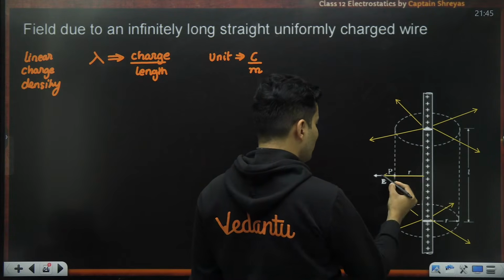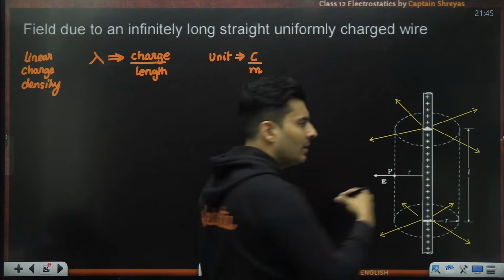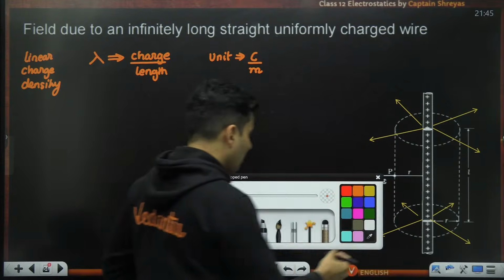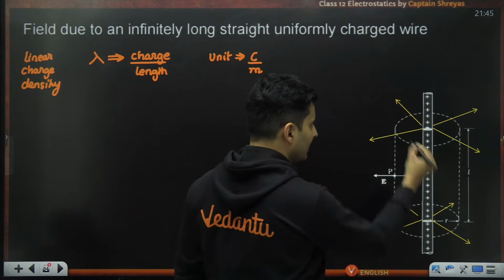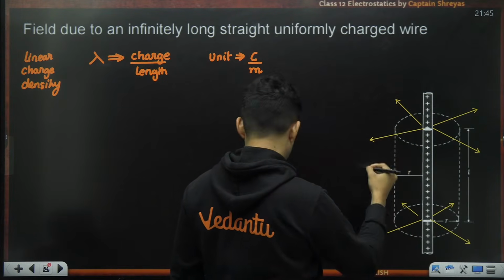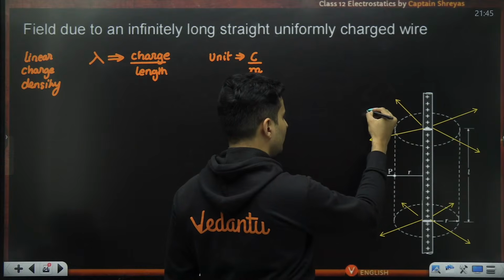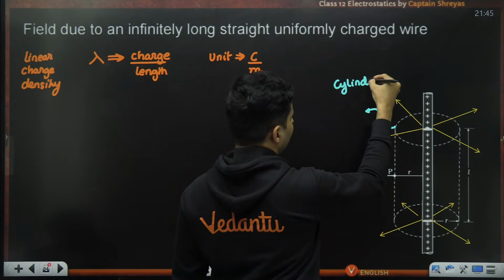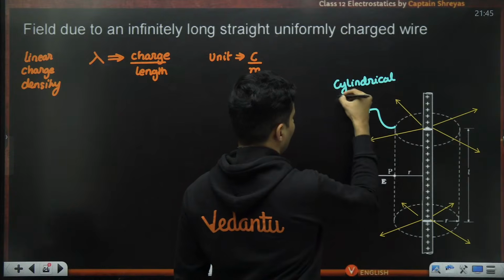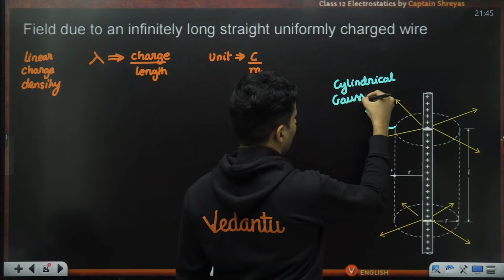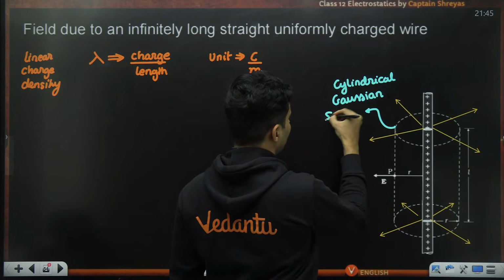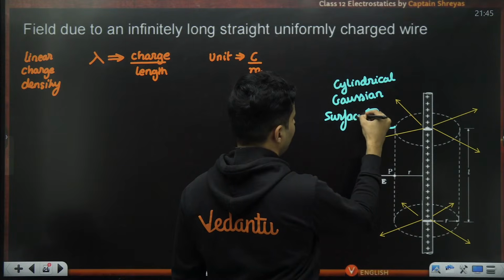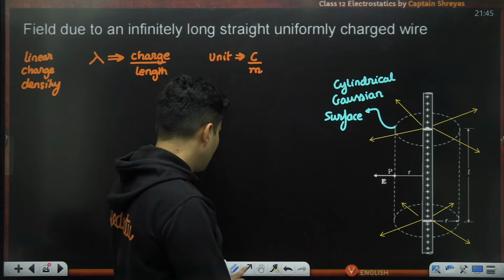Now imagine a Gaussian surface which is a cylinder. Visualize this. This is your cylindrical Gaussian surface.